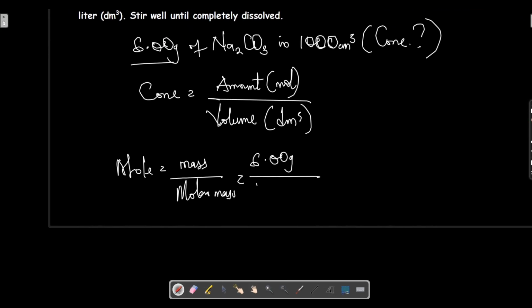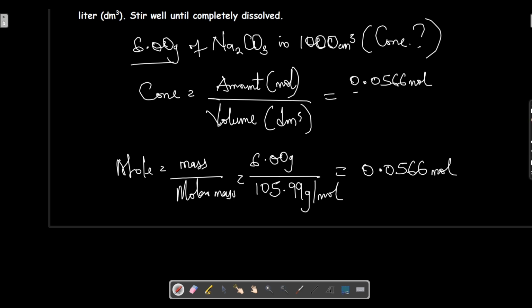So we have 6.00 grams over 105.99 grams per mole. When you divide this, you have 0.0566 mole. So our amount here is 0.0566 mole.